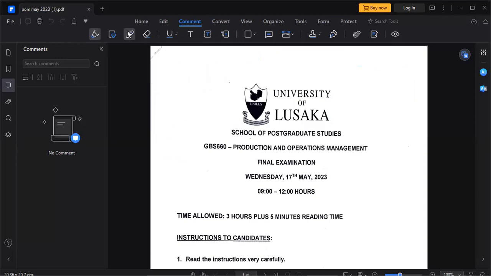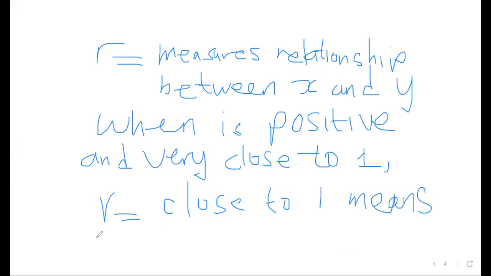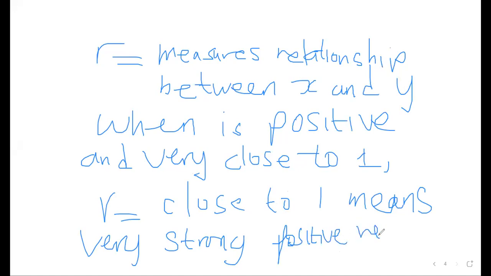When R is close to 1, it means a very strong positive relationship. Okay, so this is what goes on.